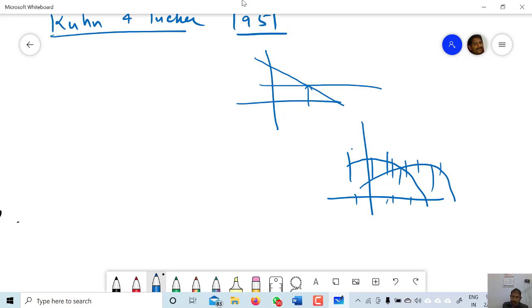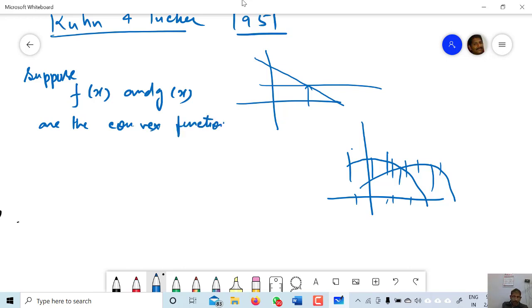So suppose f(x) and g(x) are convex functions, then any local solution will be global.